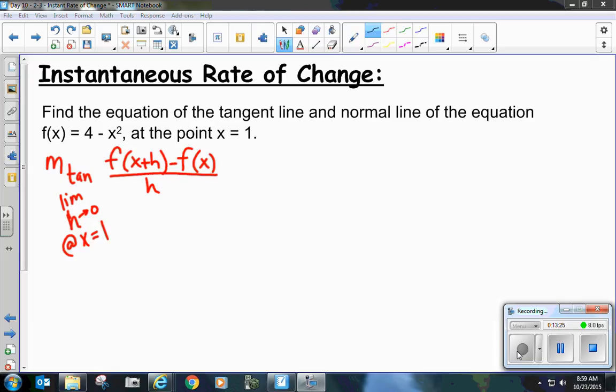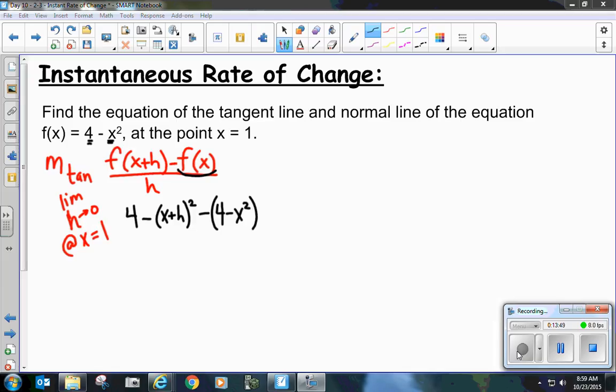So, now when we input our x plus h for x, we can't forget, we still have a 4 and a minus in front of it. So I'm going to say 4 minus x plus h squared. All right? Minus the original function. It's the whole original function you're subtracting, so don't forget your parentheses.